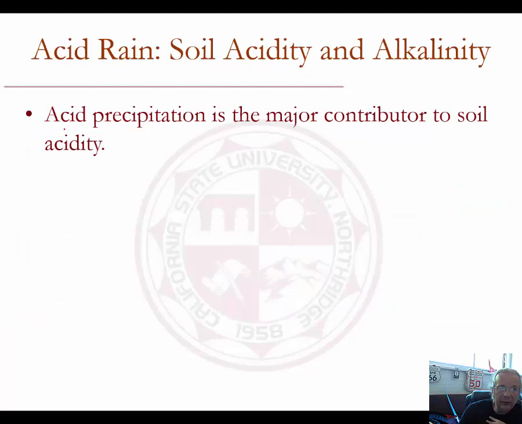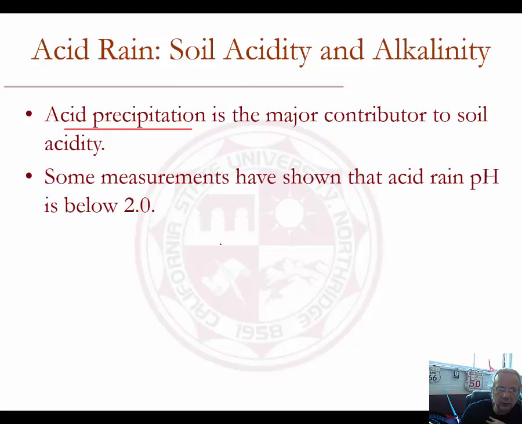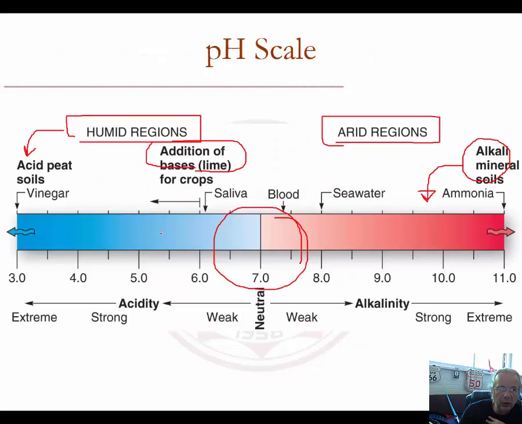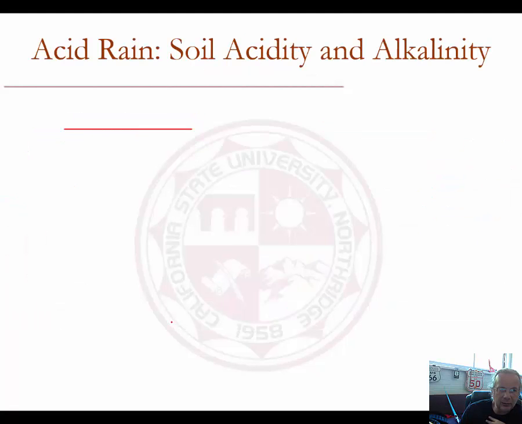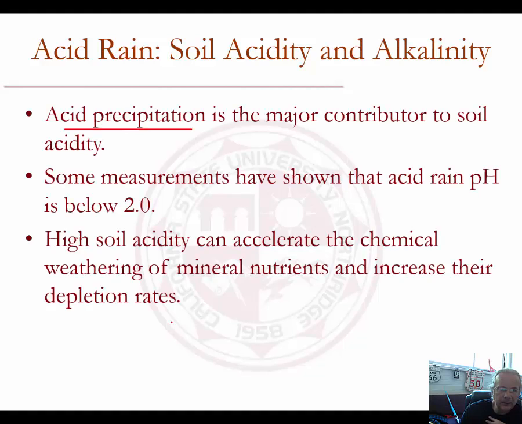When acid rain falls from the sky, that can raise the soil acidity up to the point where it can be unusable for agricultural purposes. Some measurements have even found these acid rain infected soils at below 2.0, which puts it well beyond vinegar, that would be way down in the acidic peat soils.